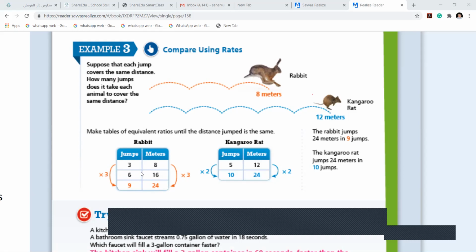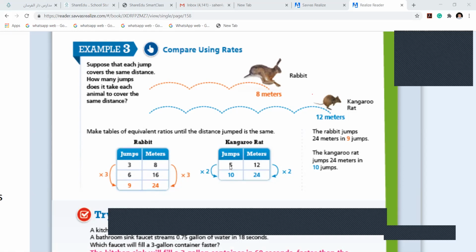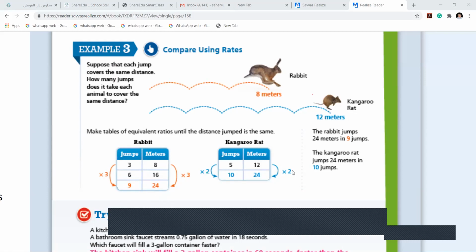How do you get that? I multiply everything with 3. 3 times 3, 9. So 8 times 3, 24. 5 times 2, 10. So 12 times 2, 24. Good. You remember you all did that pattern.